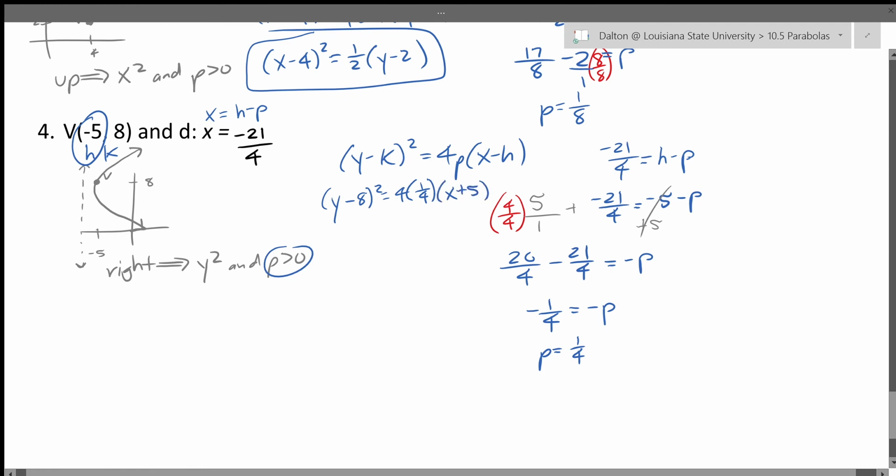And then the only thing you can do from here would be to simplify your 4p. So we get y minus 8 squared equals 4 times 1/4, which is just 1, and we don't need to write a coefficient of 1. So we just have y minus 8 squared equals x plus 5. And that would be the equation of that in standard form given this vertex and this directrix.